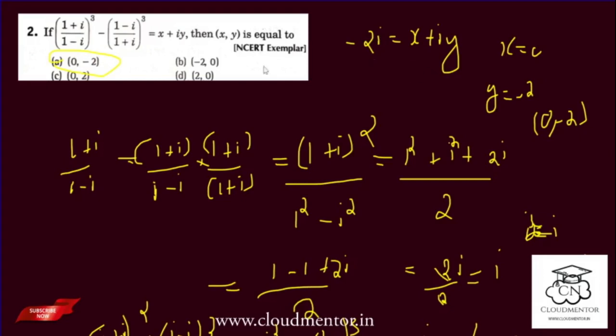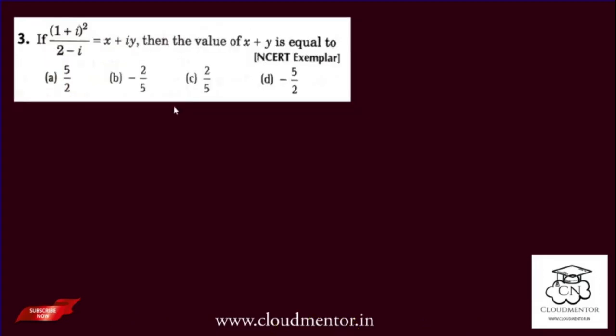So moving to the next question. If (1 plus i) the whole square by (2 minus i) equals x plus iy, then the value of x plus y is equal to dash. So let's do it.